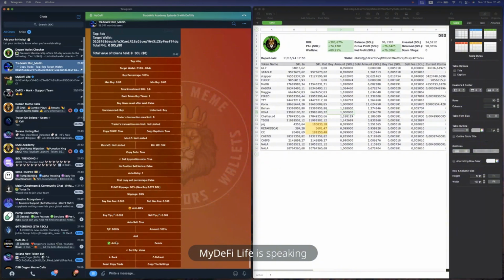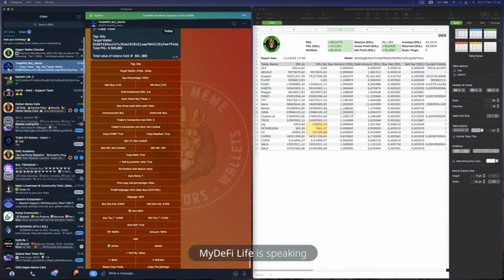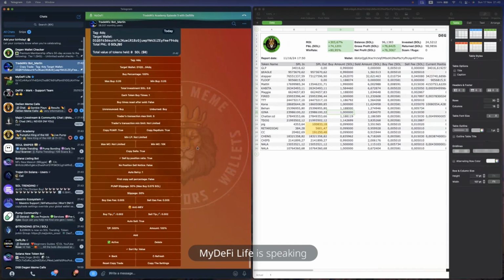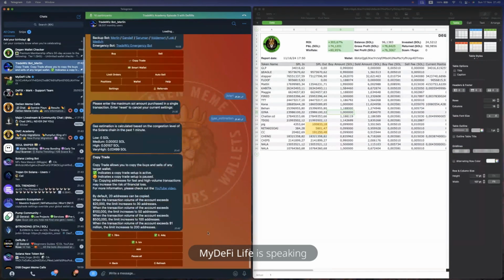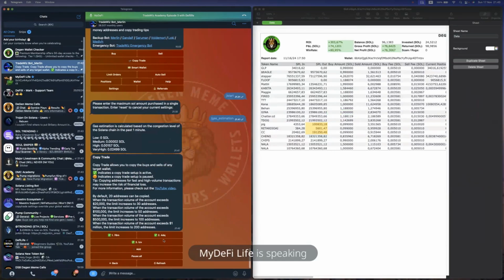I'll probably need to reduce that down a little bit because, from my research on this wallet, he's been doing not so well the last couple of days. So I'll probably drop this down to 200, 250, and then put a stop loss in as well if they start performing badly. But if they get multiple losses in a row, then I'll just deactivate those wallets. So that is pretty much it.